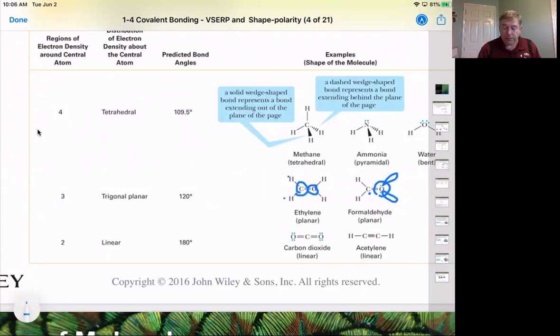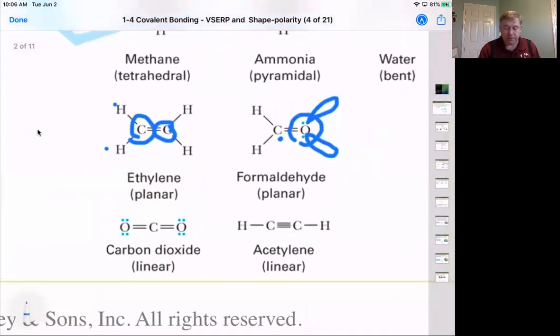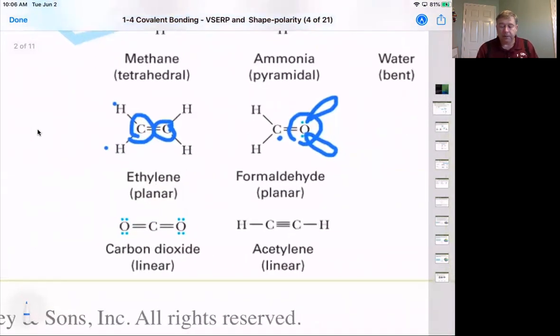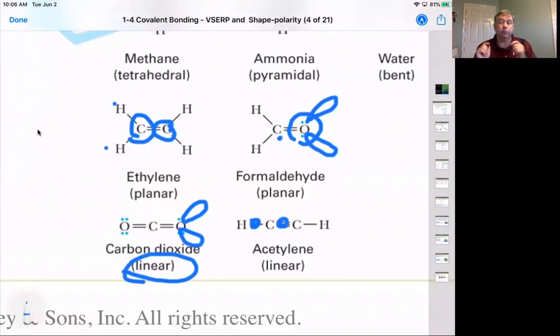So if we look at the molecular shape of something like carbon dioxide or acetylene, the 2 regions of electron density, this one right here and this one right here, are in a linear configuration. Notice that the electron density on these right here would still be trigonal planar, but the molecule itself is linear because there are no bonds in those regions of electronic space.